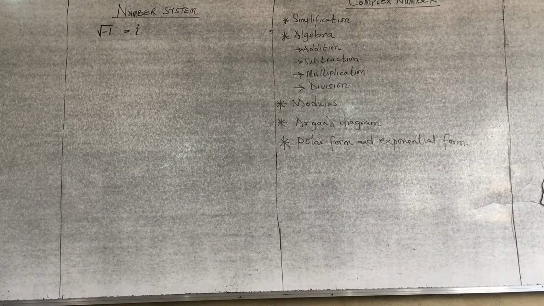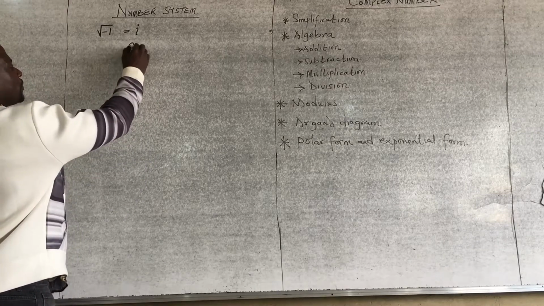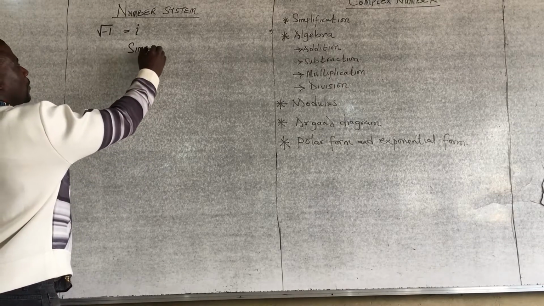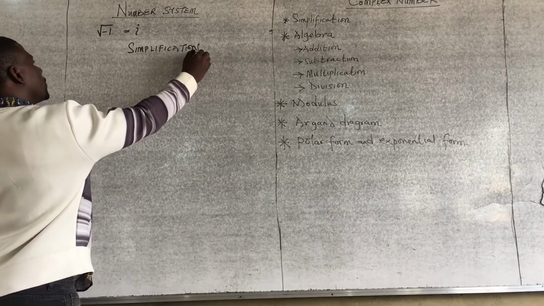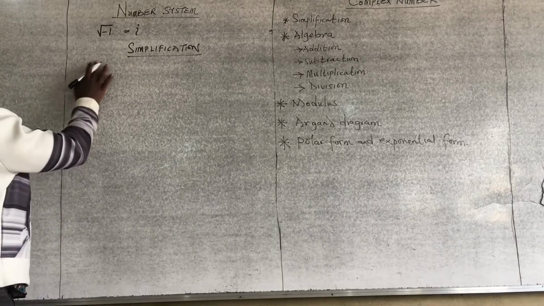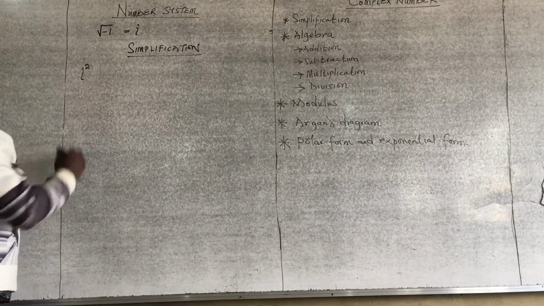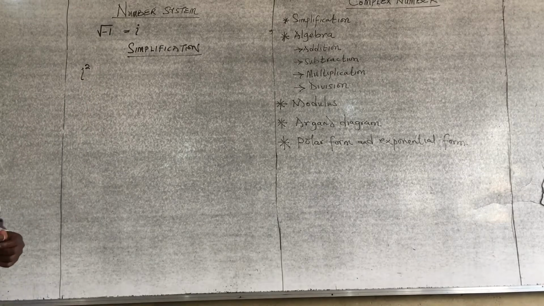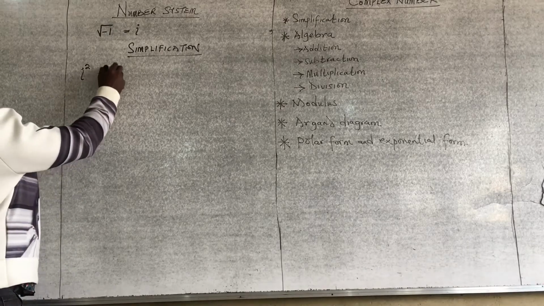So now, when we are talking about simplification, for example, if we are given i squared, and we are asked to simplify i squared. Now you know i is square root of minus 1.